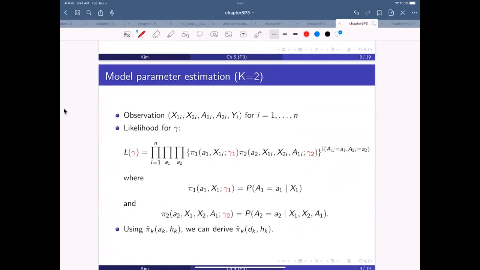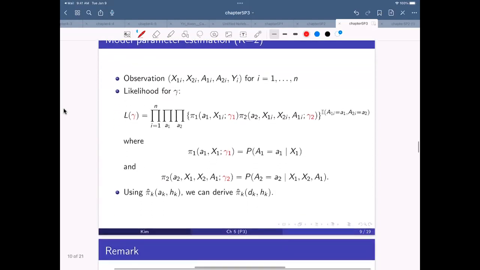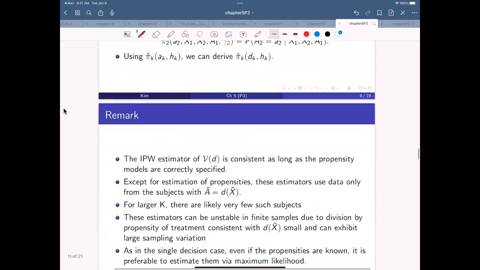If A1 is binary and A2 is binary, it's just a logistic-type parametric distribution. So conceptually, you should be able to estimate the parameters by maximum likelihood, using the likelihood function of your observed data from the parametric model.